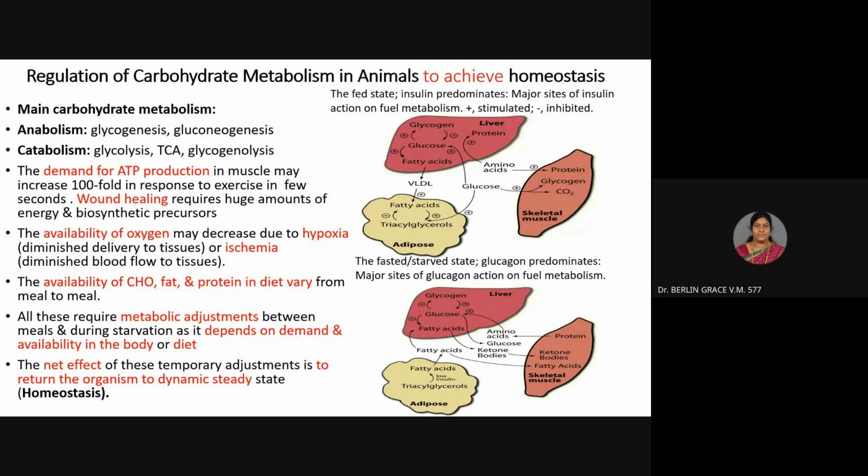And similarly, in the skeletal muscle also, this will be converted into the ketone bodies. Glucose is converted into the ketone bodies, and they will go to the skeletal muscle. And then the fatty acid metabolism also is reversed in the adipose tissue. There the lipid is utilized. Instead of glycogen, lipid is utilized in the adipose tissue.